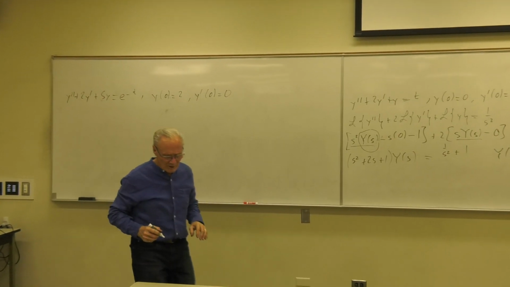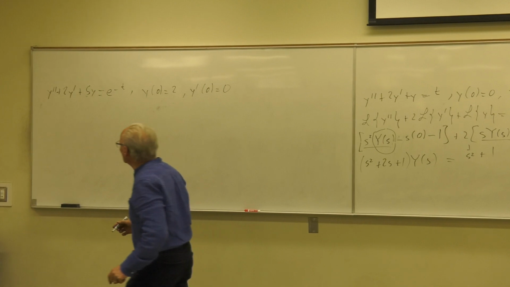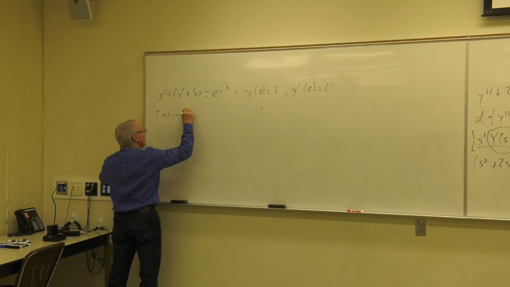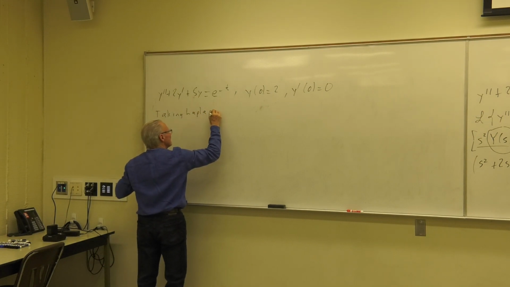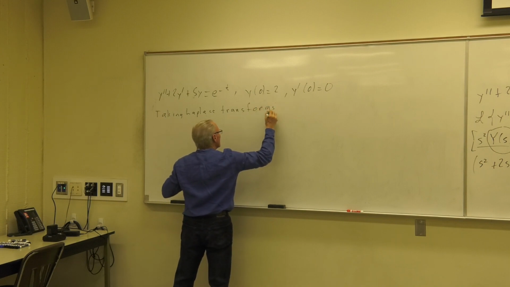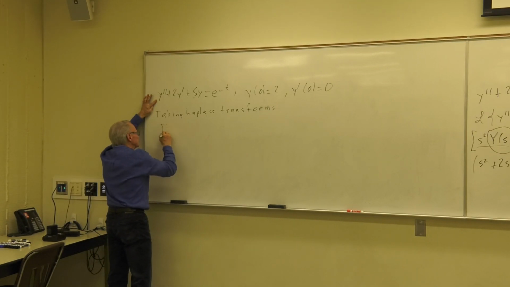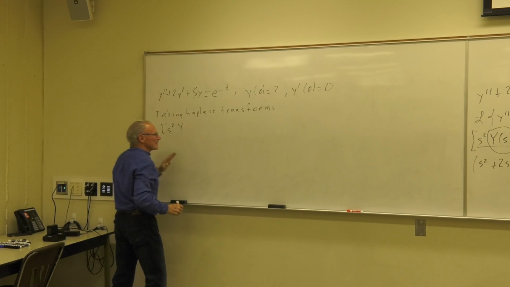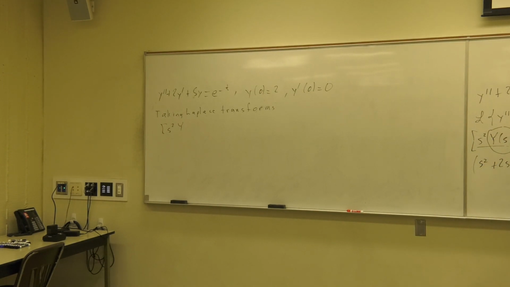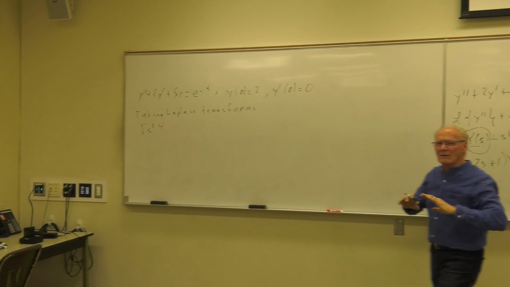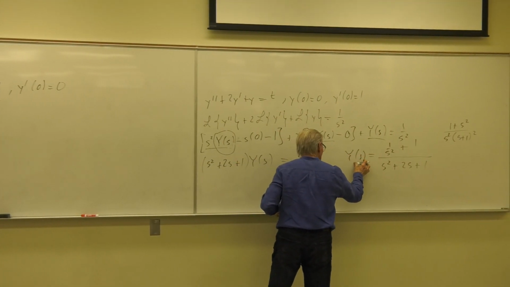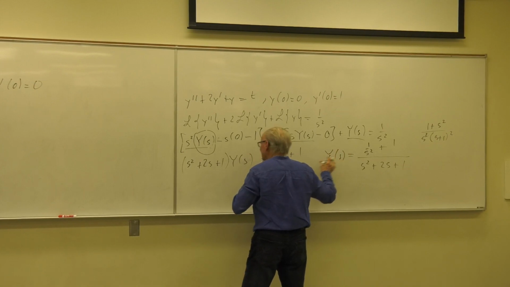So taking Laplace transforms, for this one, it is s squared big Y. I'm not going to write big Y of s, big Y of s, big Y of s, because that just makes it look more cumbersome. I'll drop the big of s's until I get down to here.